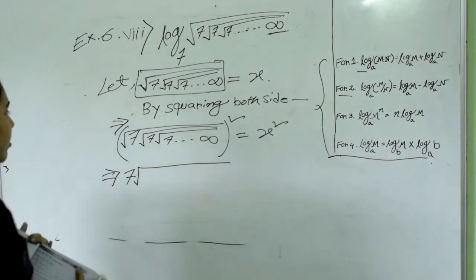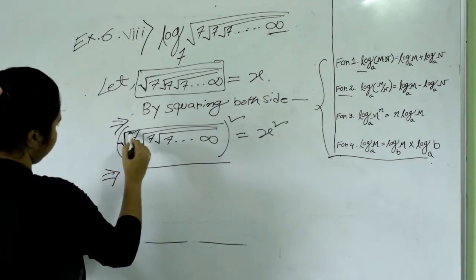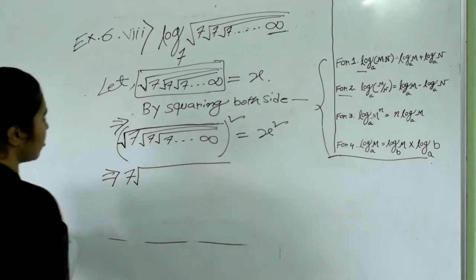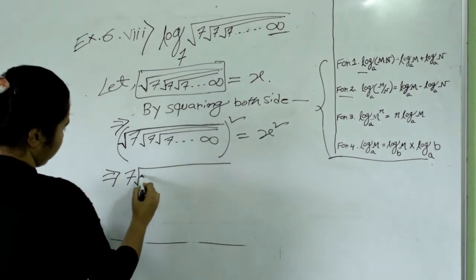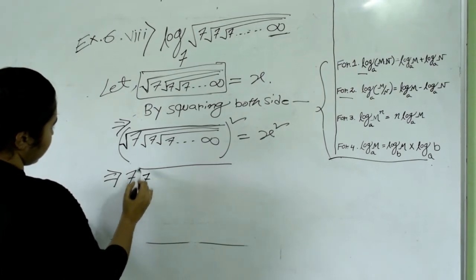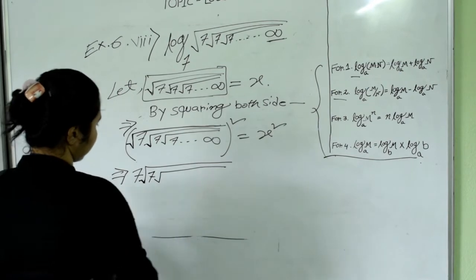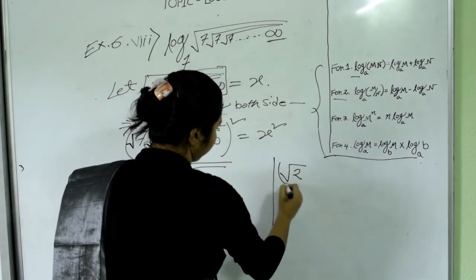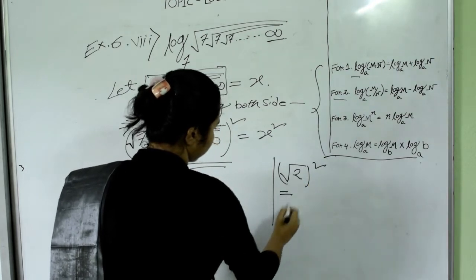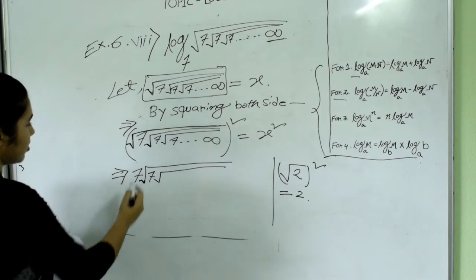So what will we get? The first square root, this gives us 7, and this square root is the second square root. If we take root over 2 square, it gives us 2, right? So same here.